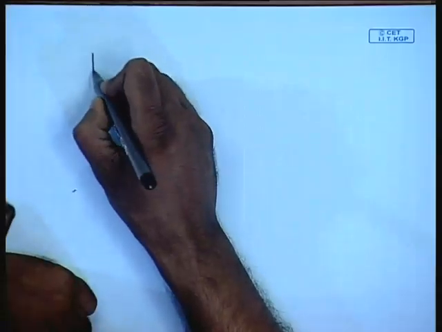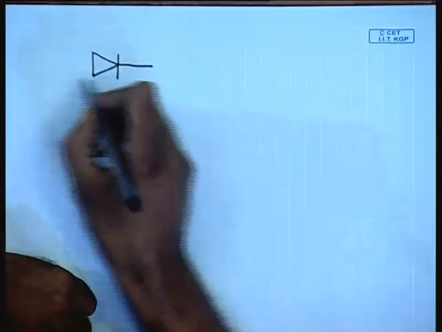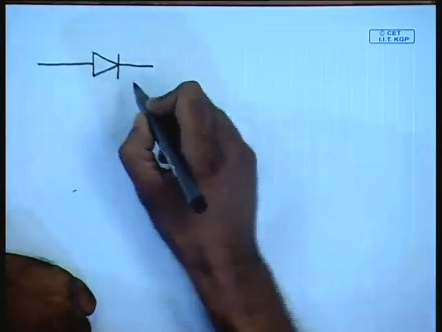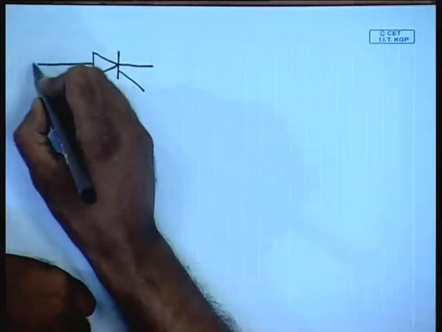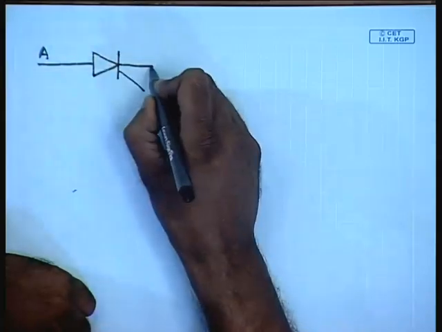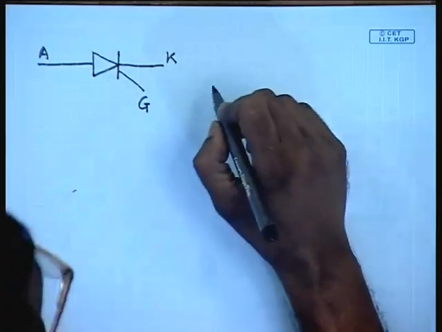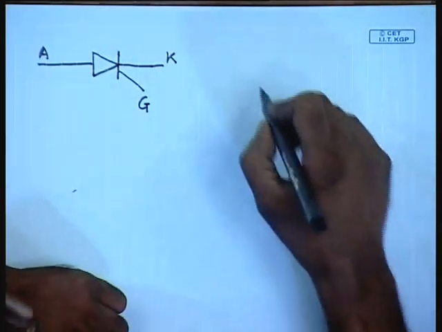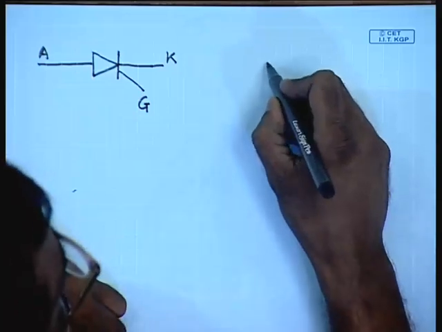The next controlled switch is called a thyristor. It also has 3 terminals. Like a diode, it has anode and cathode, and like a transistor, it has another terminal called gate, which is the control terminal. In construction, it is a PNPN construction.